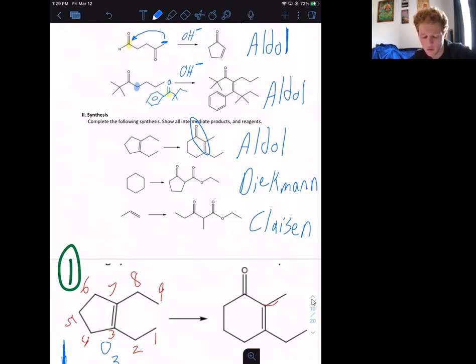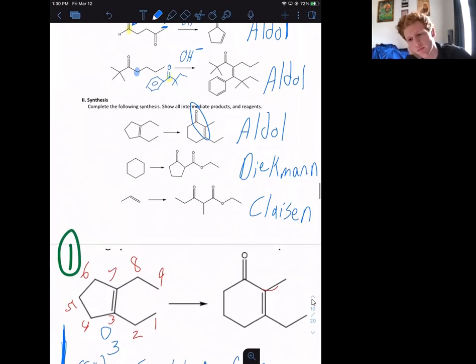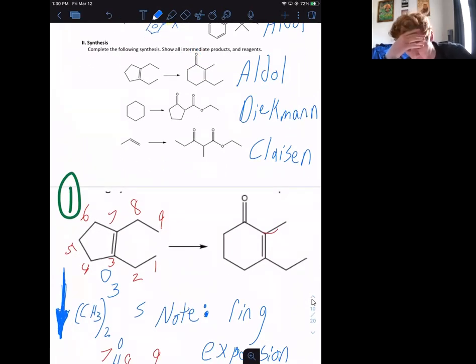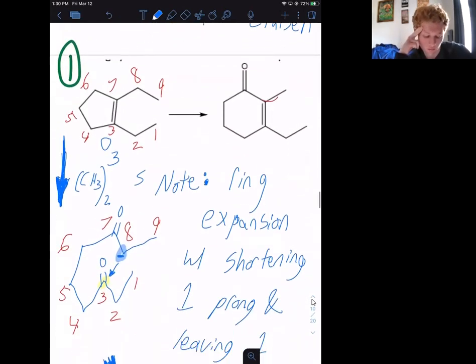You've got an alkene, and then a carbonyl group. Whereas for Dieckmann, you're going to have the formation of a ring. And for Claisen down here, one of these probably used to be an ester, and this one is definitely still an ester, so beta keto ester. I think that's right. The names have confused me with beta keto ester.